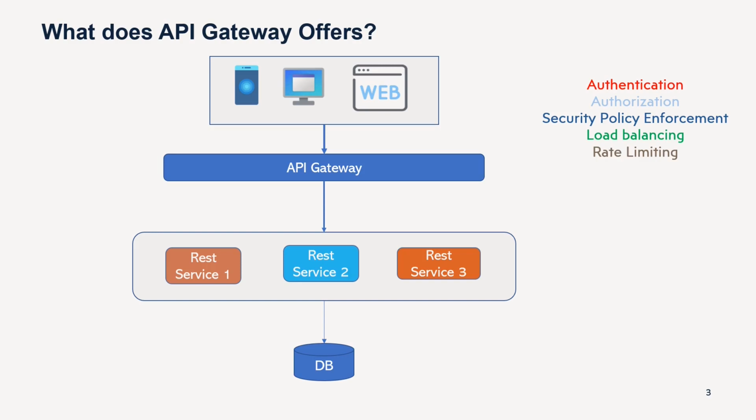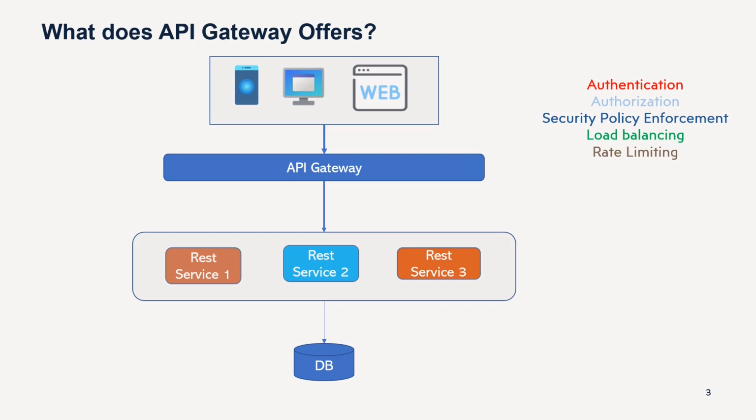Then rate limiting, right? Suppose you have the capability of servicing 10 requests per millisecond, but the requests are coming at a higher rate, maybe 20 or 30 requests per millisecond, so you know that you cannot fulfill those requests, and that might bring down your whole application.